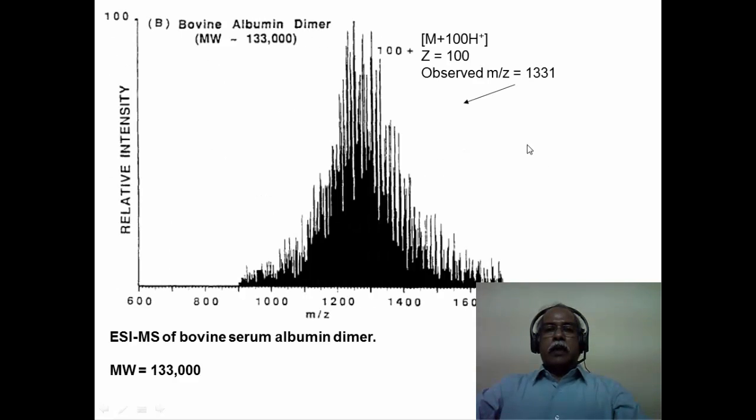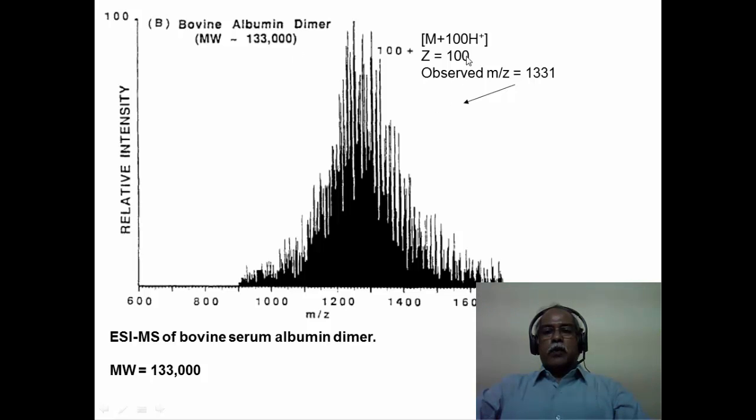This is a bovine albumin dimer. Molecular weight, look at this, we are reaching now 100,000 molecular weight. 133,000 is the molecular weight of this particular protein. This is essentially the bovine serum albumin dimer, and the molecular weight corresponds to this 133,000 or so. The Z value is 100.